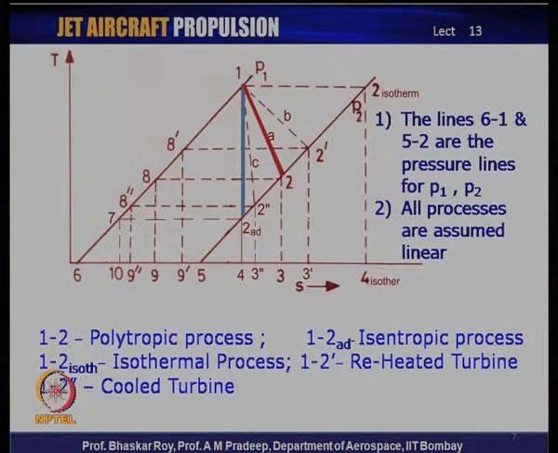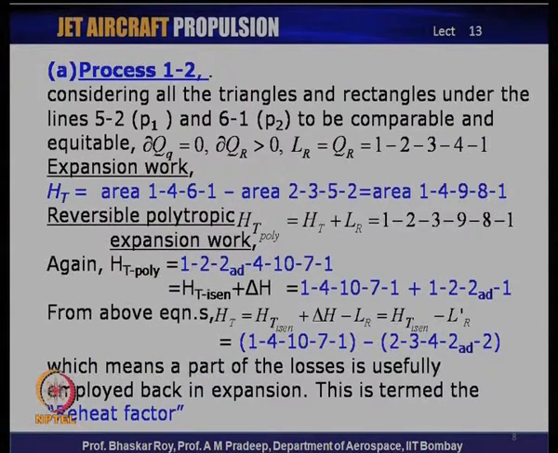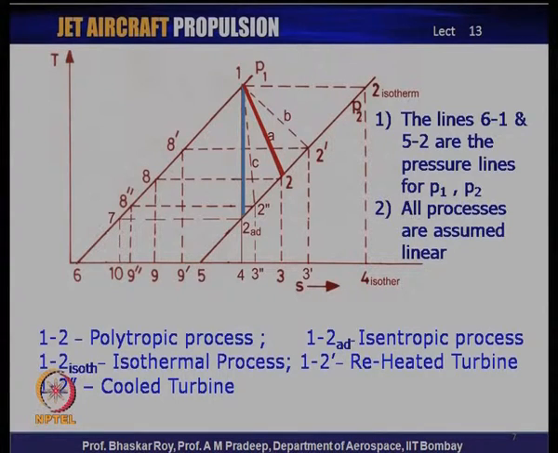So, let us take a look at that: 1, 2, 3, 4, 1. That is the area which one may say represents the losses that are occurring, the amount that is internally converted to heat within the fluid flow system. The expansion work H T for this particular process may be given by area 1461. If we look at that area, that is 1 all the way down 4 to 6 and then 1.